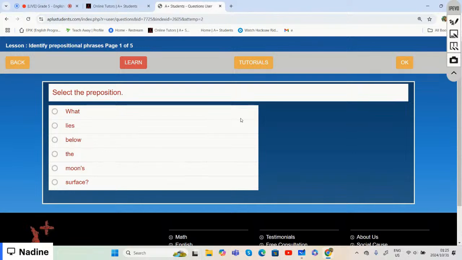Option four is "the". Is that still a preposition?